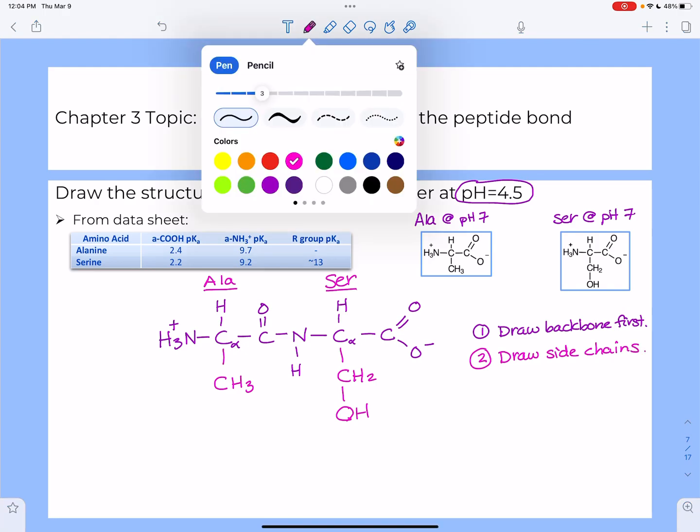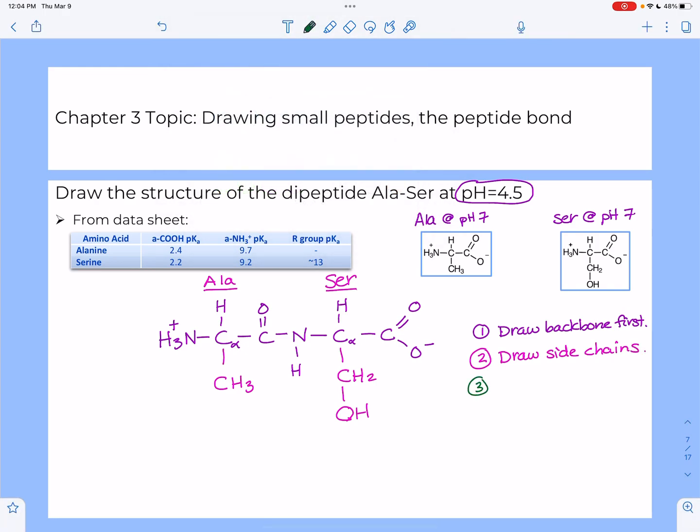And then the last thing that we're going to do is check the protonation states of ionizable groups. So for the sake of clarity, I am going to circle the ionizable groups that remain in this molecule, or highlight them. Let's do that.